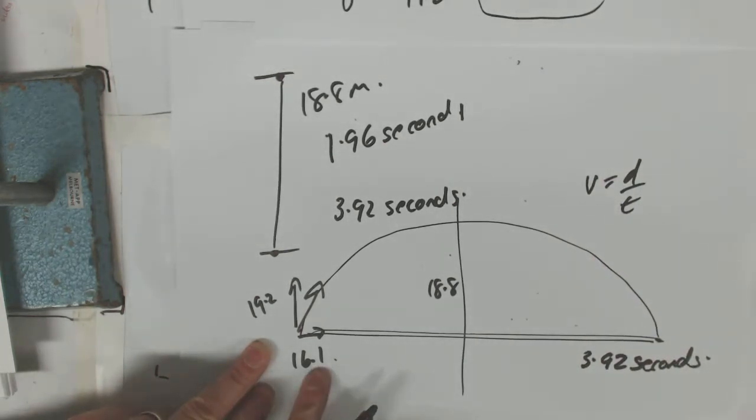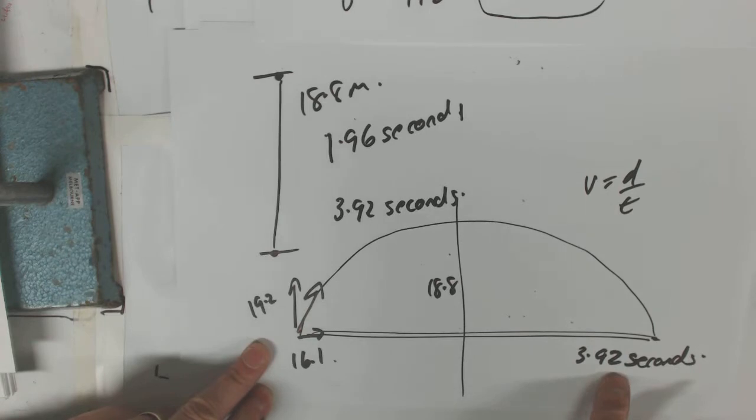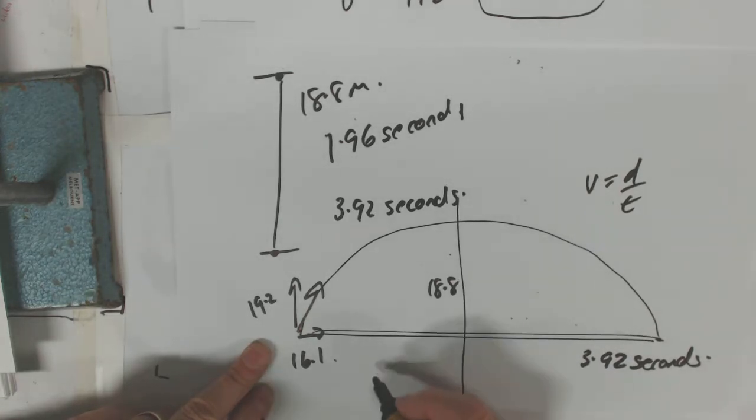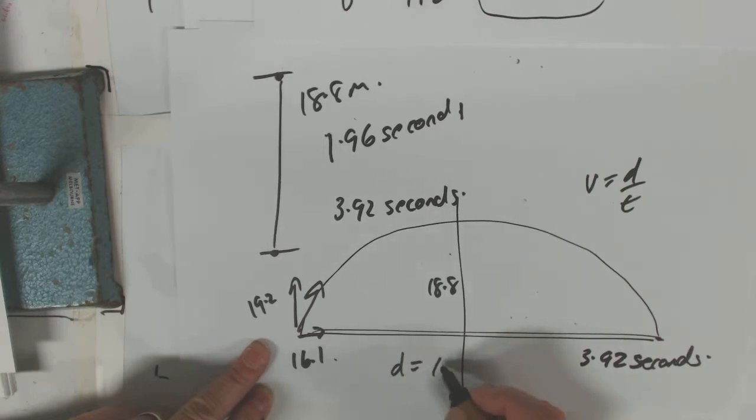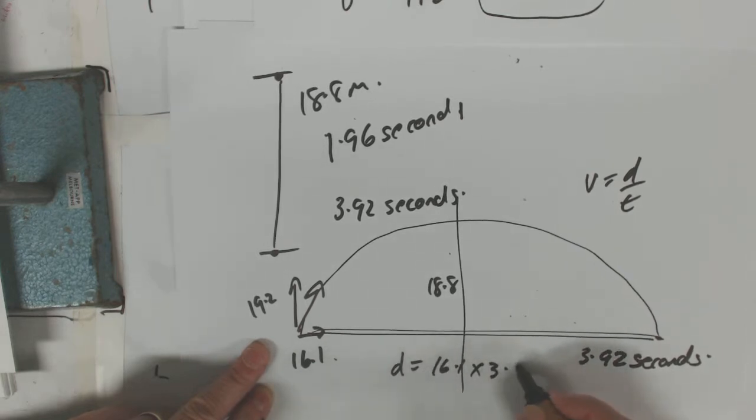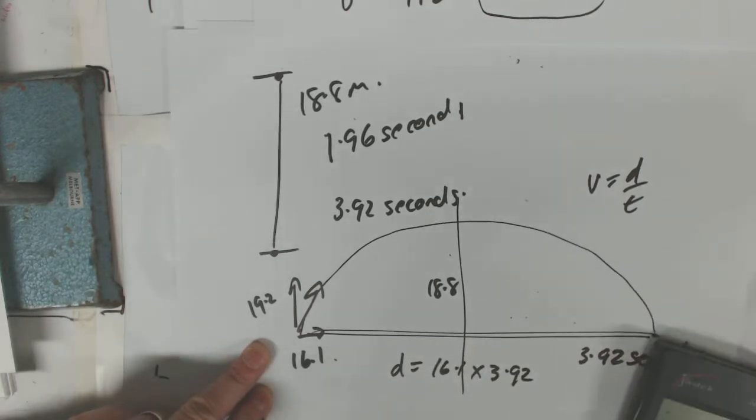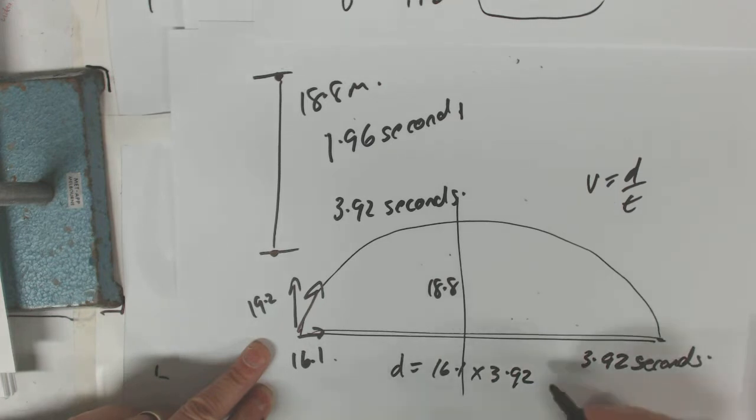Now v is 16.1 and t is 3.92. So d equals 16.1 times 3.92, and we get a range of 63.1 meters.